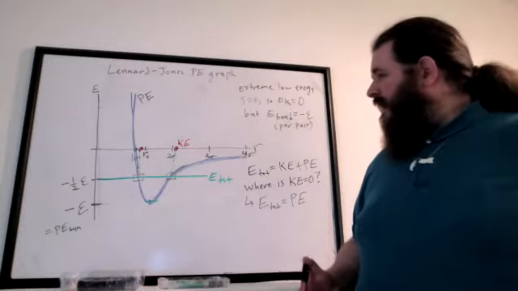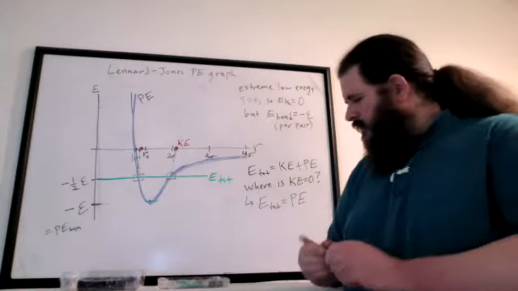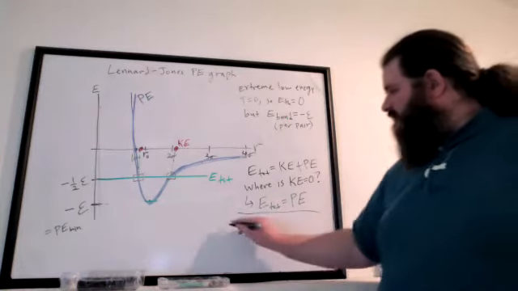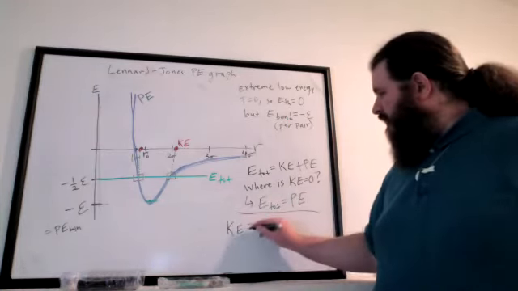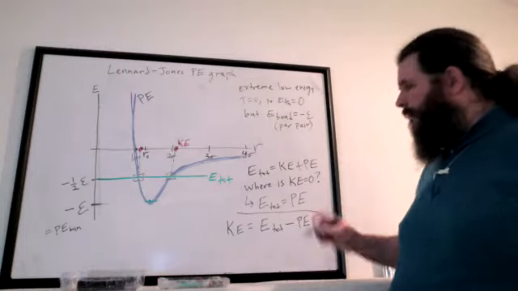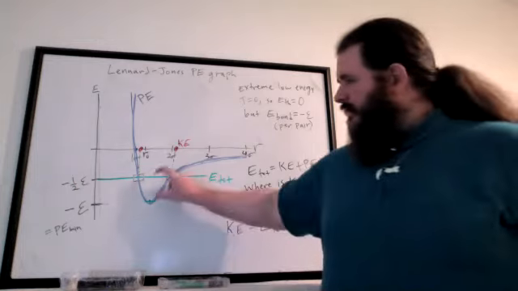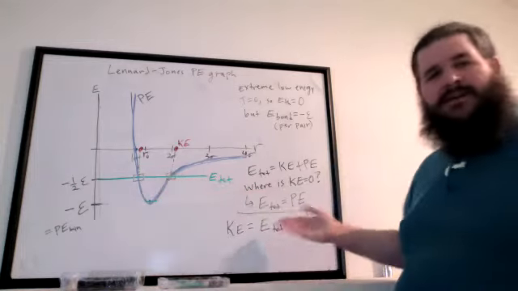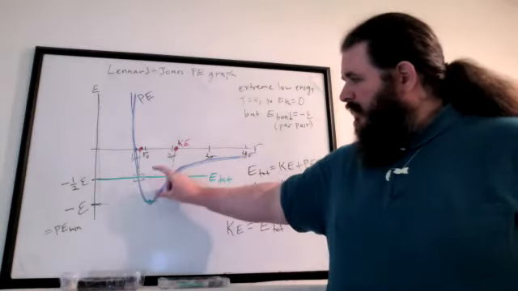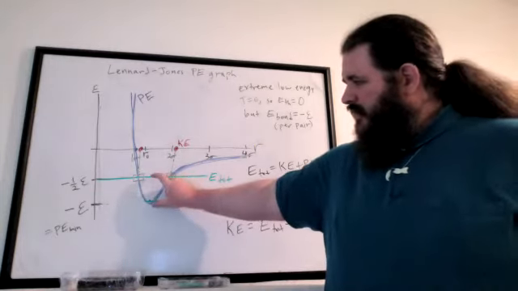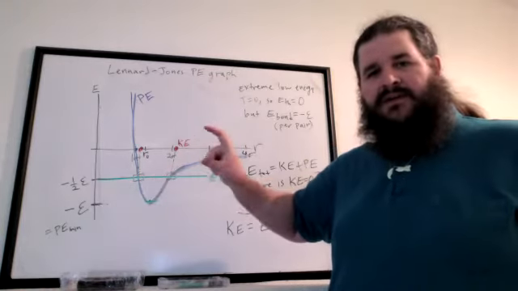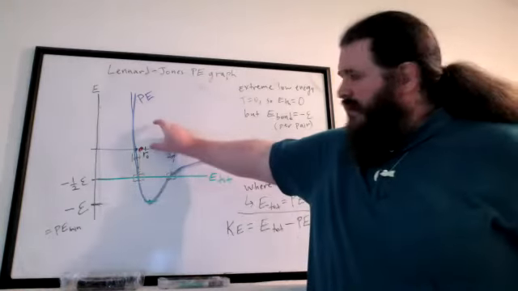And we can even calculate how high the kinetic energy would be. Solving this for kinetic energy, we get kinetic energy equals E total minus potential energy. In other words, the difference. Because if you're subtracting E total minus potential energy, you're really just looking for the difference between the total energy and the potential energy at that location. So this difference is the value of kinetic energy at that location.